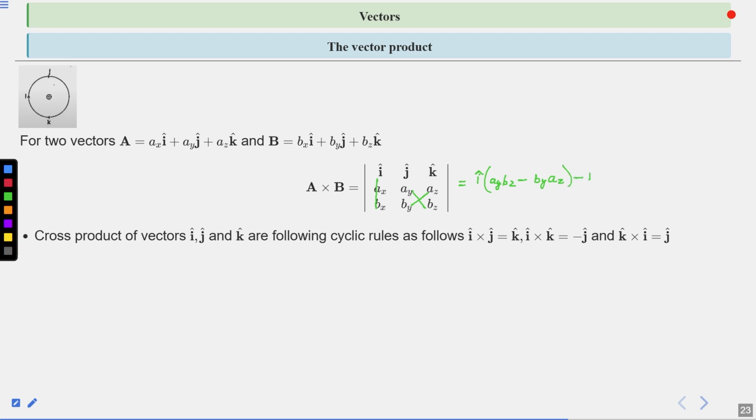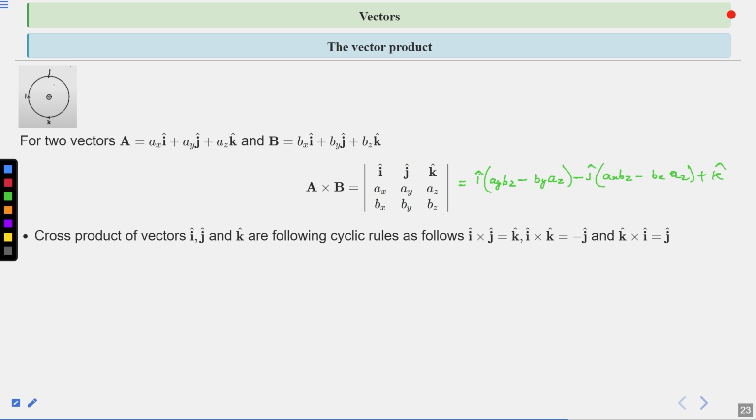Then minus J cap. So now neglect the second column and multiply AX, BZ and BX, AZ. So it will be AX, BZ minus BX, AZ. Now K cap.